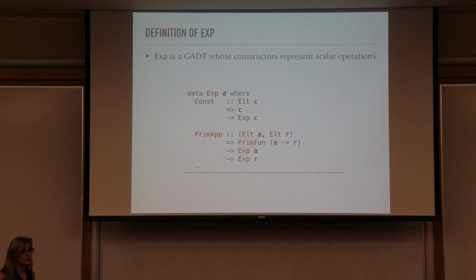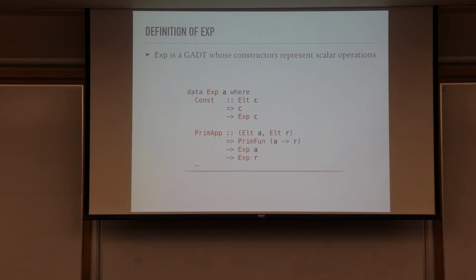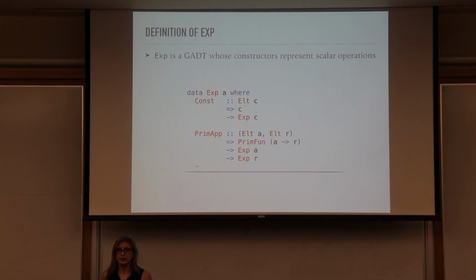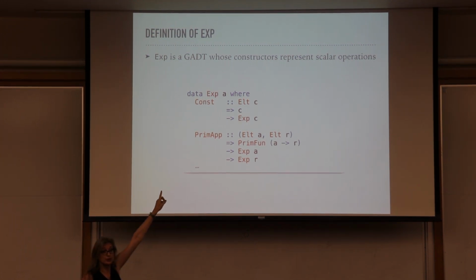If we look into the actual definition of the expression type, Exp A is an algebraic data type, a GADT, just like our arithmetic expression example from the beginning, with lots and lots of different constructors. One thing I didn't mention explicitly when I talked about GADTs is that GADTs can have a class constraint in the definition of the constructor.